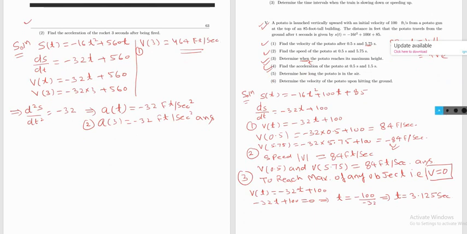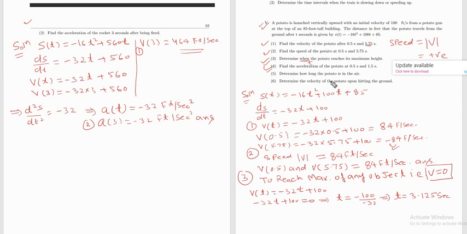Fifth part is: a potato is launched vertically upward with the initial velocity this from a potato gun at the top of an 85 foot building. The distance in feet that the potato travels from the ground in t seconds is given by this.